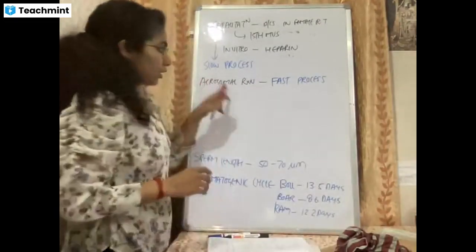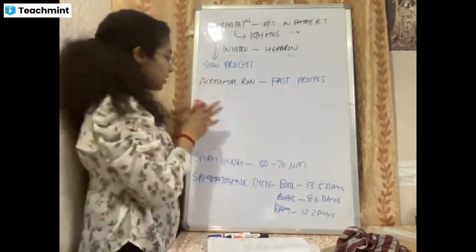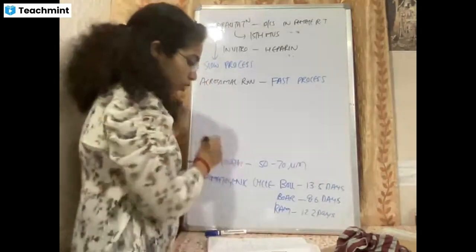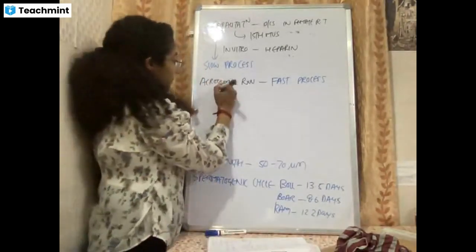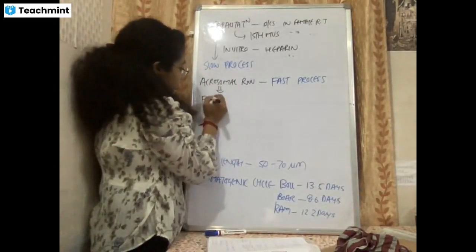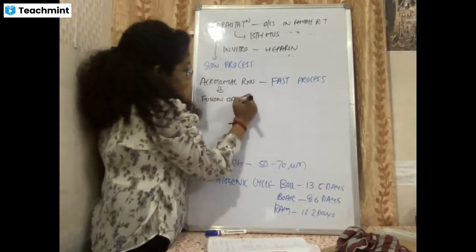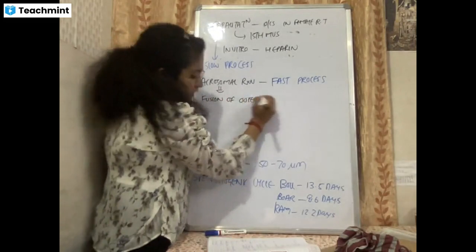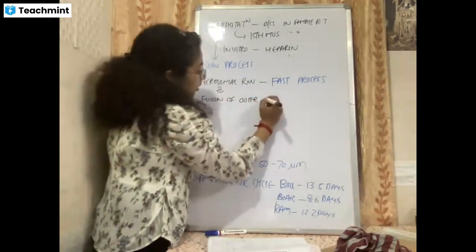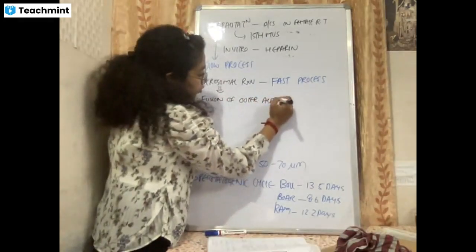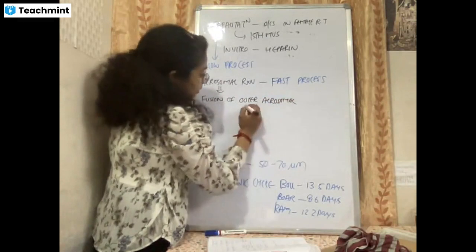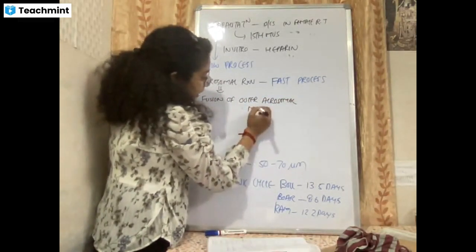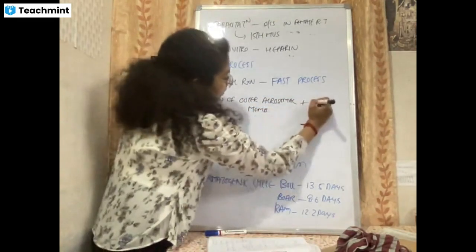Capacitation is a slow process; the acrosomal reaction is a fast process. What does the acrosomal reaction do? It is the fusion of the outer acrosomal membrane plus the plasma membrane.